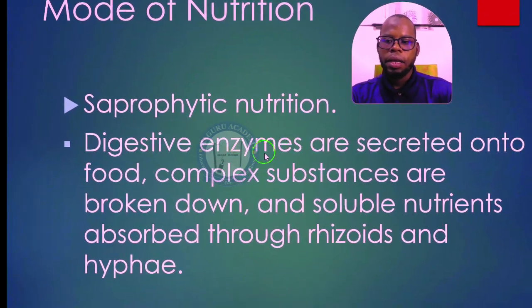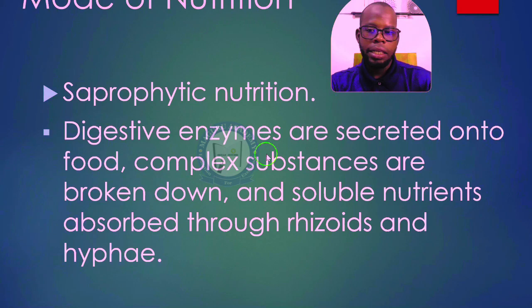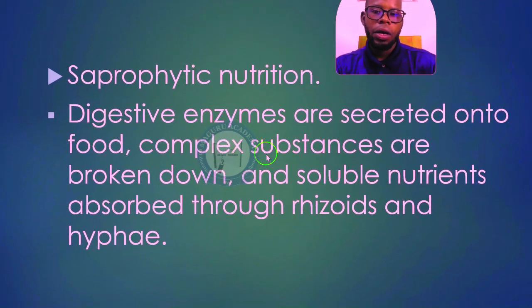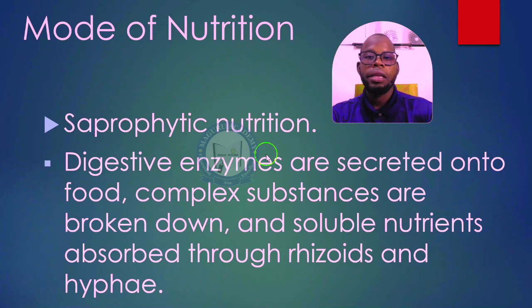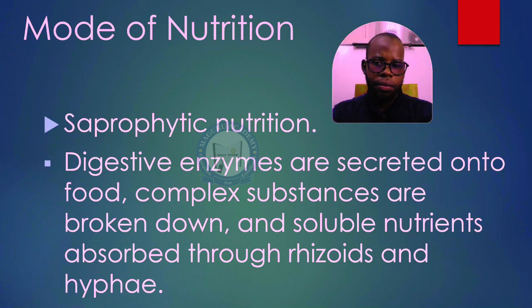It means digestive enzymes are secreted onto food, complex substances are broken down, and the soluble nutrients absorbed through rhizoids and the hyphae. So you can see the function of rhizoids, you can see the function of hyphae. So the mode of nutrition is saprophytic.